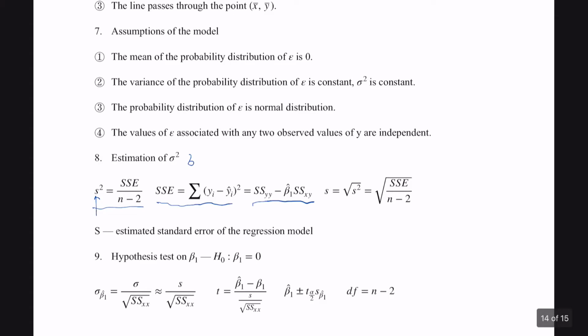And for our simple linear regression, we will treat the S we calculated here as, you can think of it as, the population standard deviation.